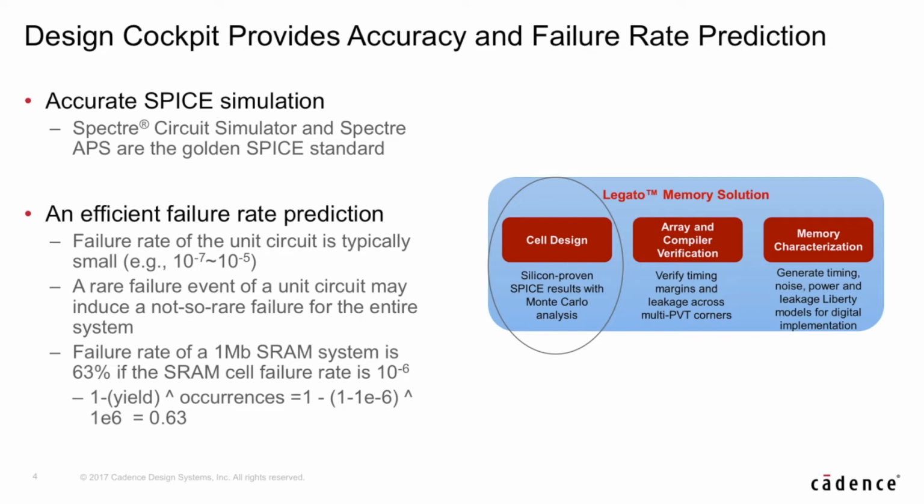I used 1 megabyte of SRAM as an example. Even though each unit failure rate is quite small, the failure rate for the entire SRAM system is actually quite significant. So that's why, in the design, we're trying to provide you the accuracy, and we're trying to provide you the failure rate prediction.